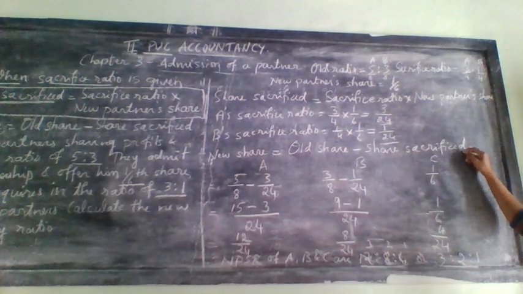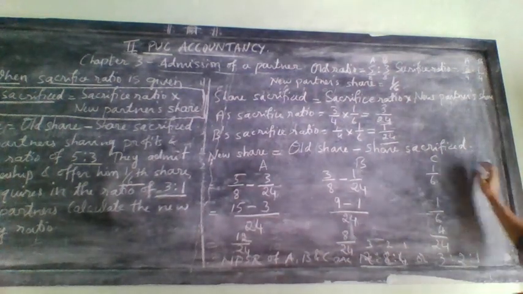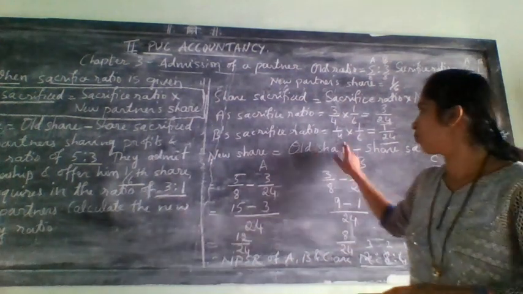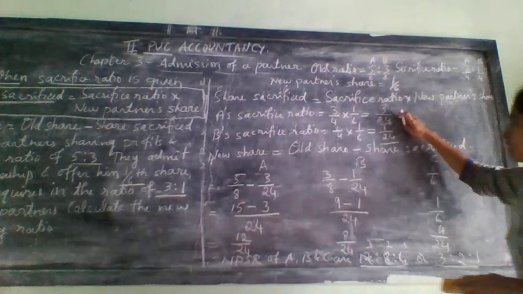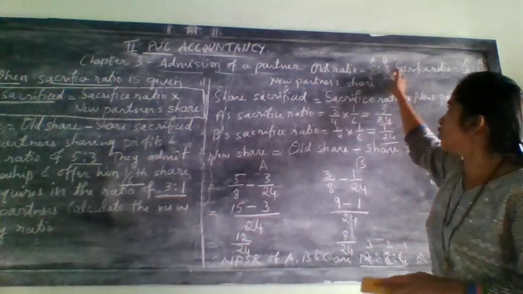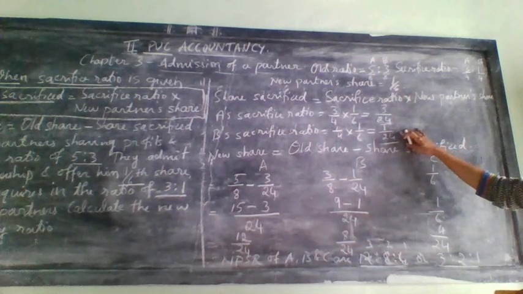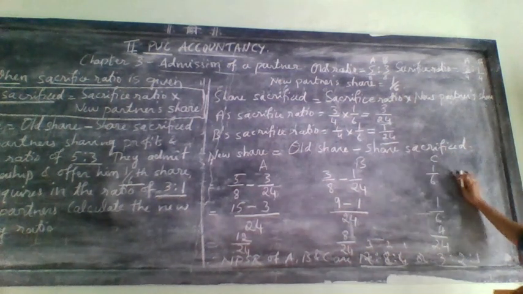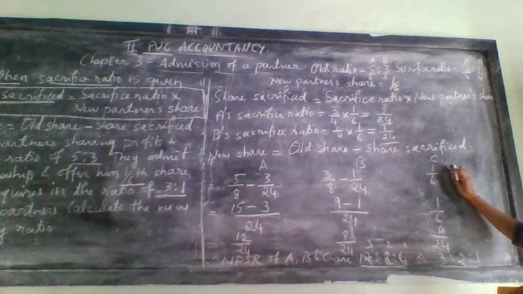Now write all the three partners name A, B and C. Now write the value for that. Old share of A is 5 by 8 minus share sacrificed is 3 by 24. B's old ratio is 3 by 8 minus share sacrificed is 1 by 24. And for C, whatever they have given in the problem, write as it is.